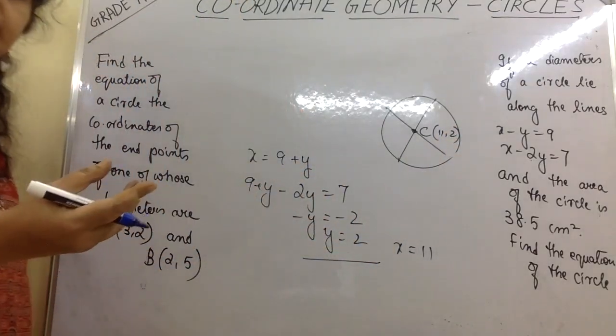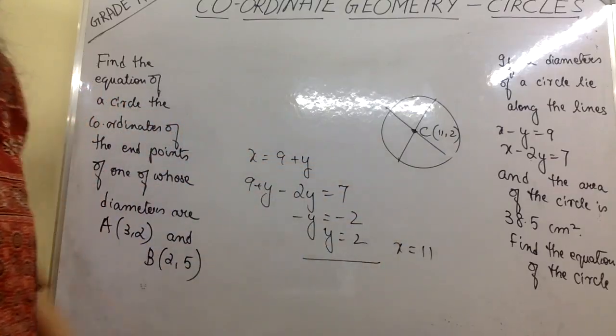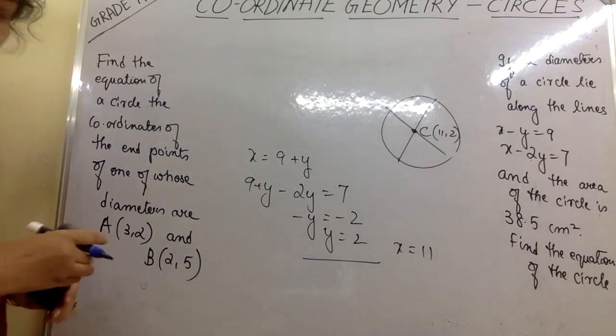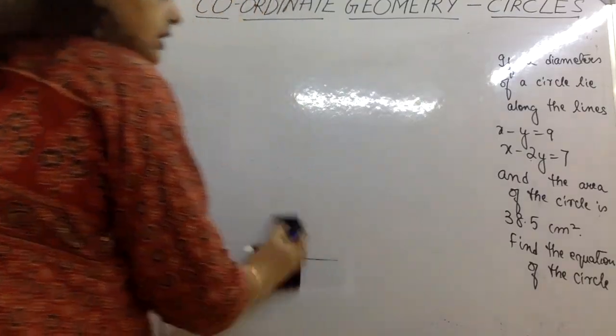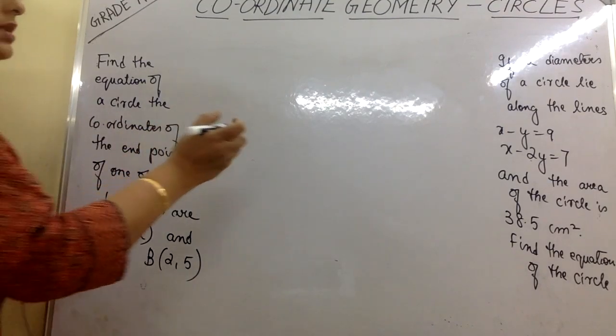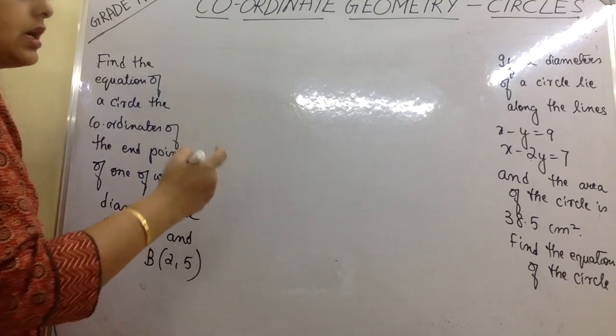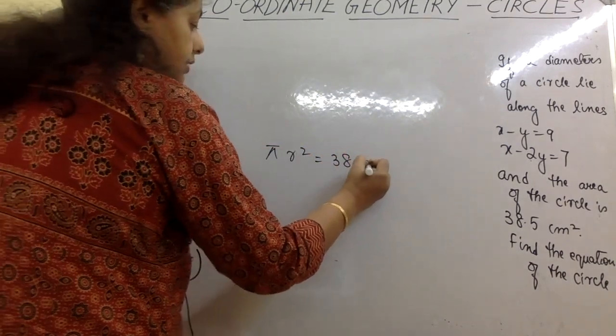So we have managed to get the center, and the area is given. The center was (11, 2), and the area of the circle is 38.5. How do we find the radius? Pi r square is 38.5.